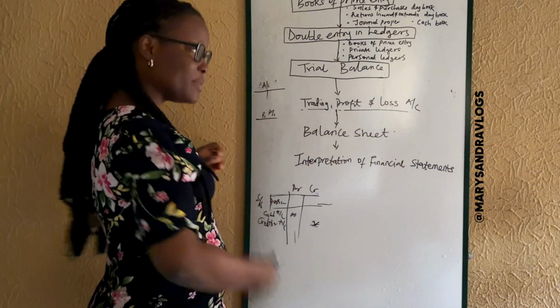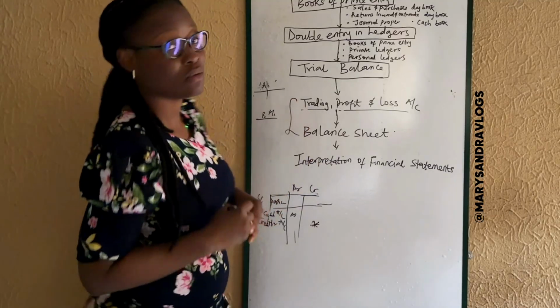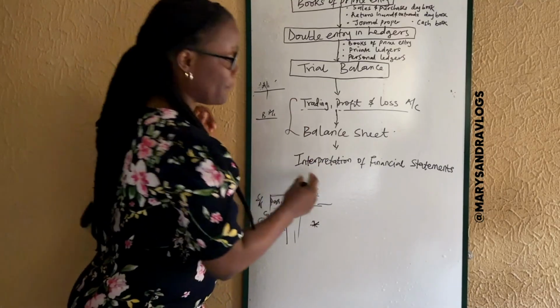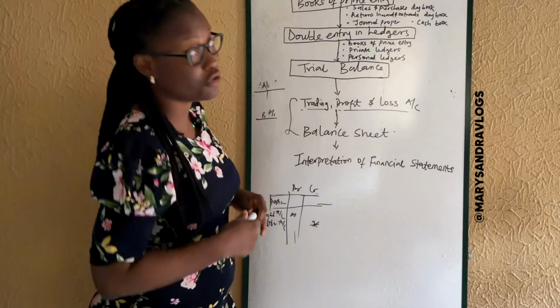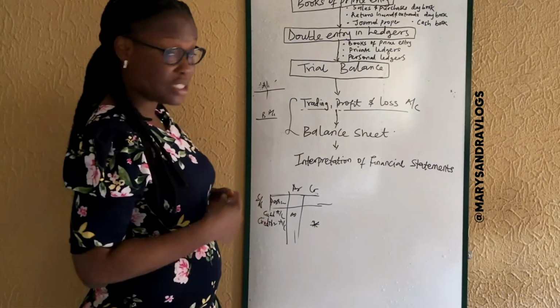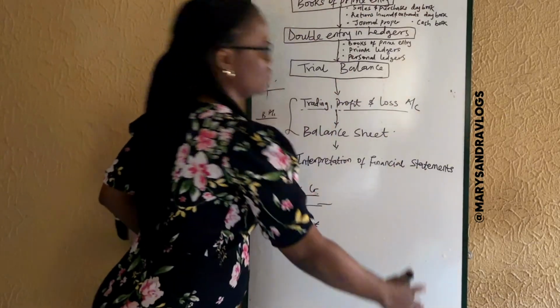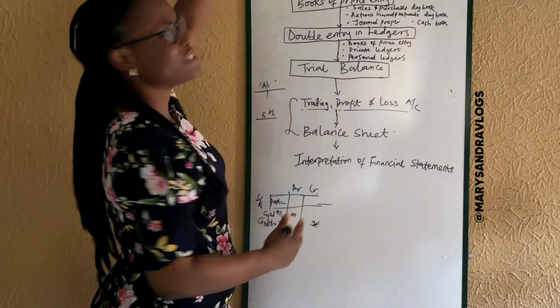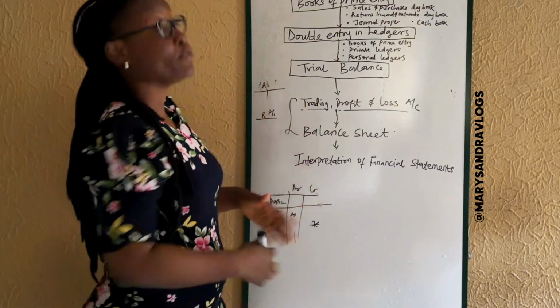So the financial statements that have been prepared, what do they mean? Interpreting financial statements is all about calculating your ratios, which is simply ratio analysis, and interpreting it thereafter.